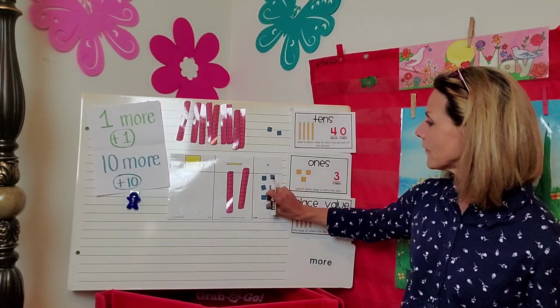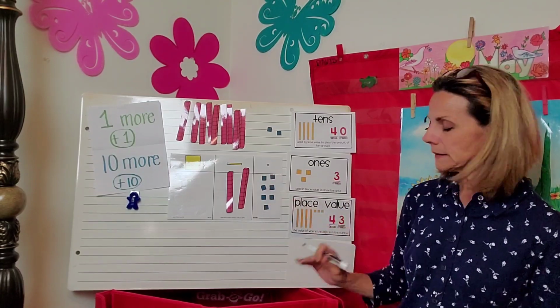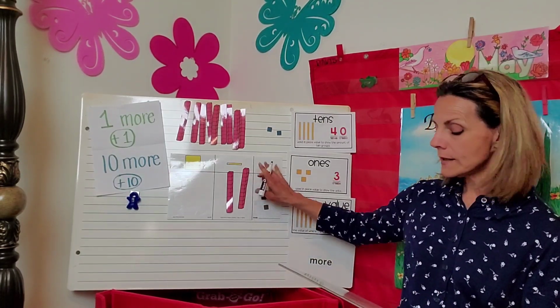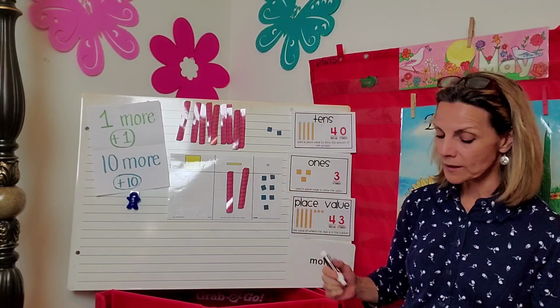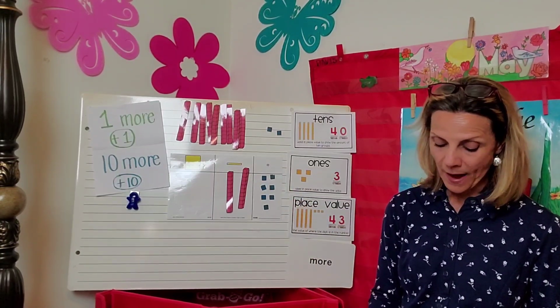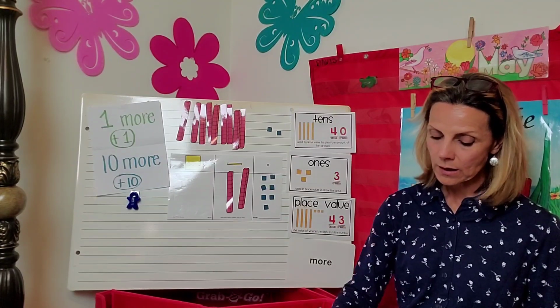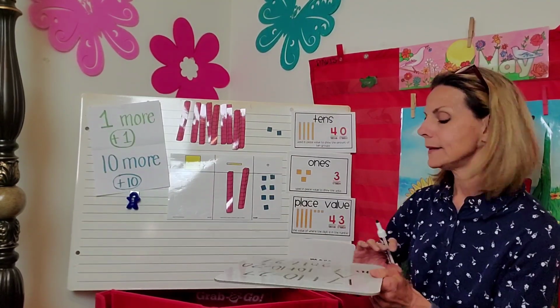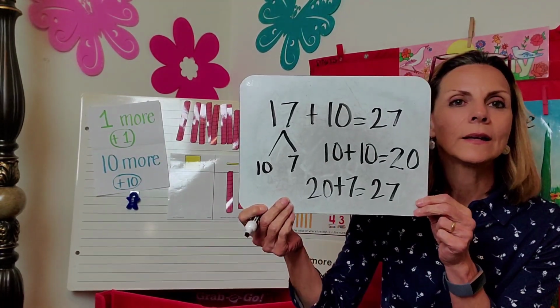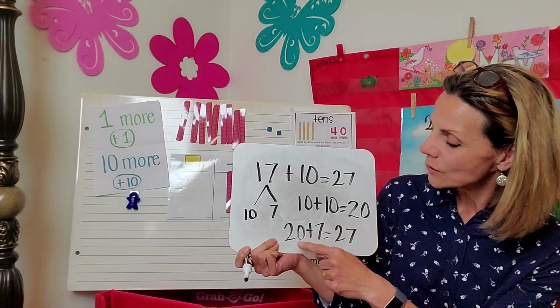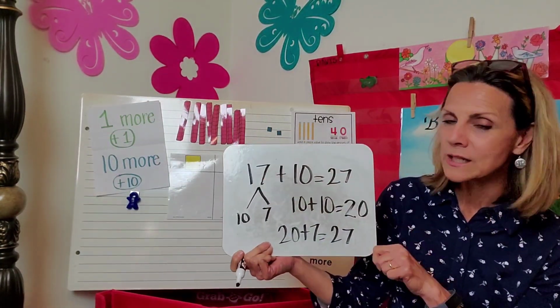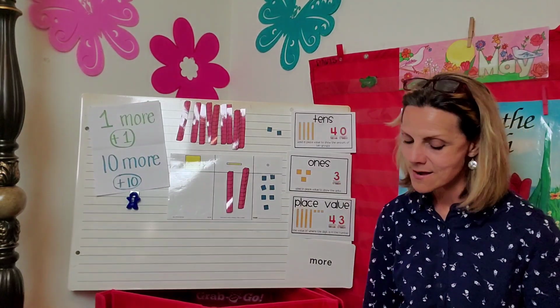Okay, oops, I forgot to take, no I didn't. Okay, now we're going to put our 20 plus our 7 back together. Okay, now 27. So 20 plus 7, 27. 17 plus 10 is 27.